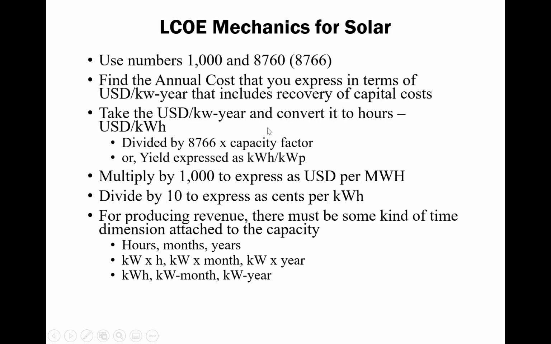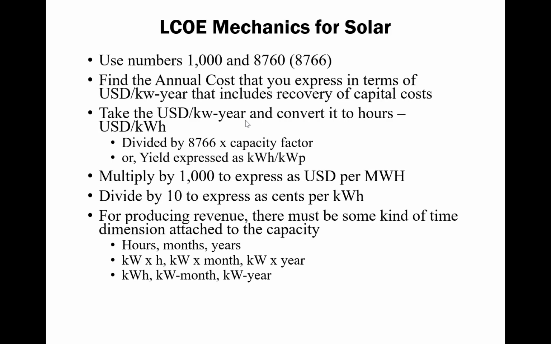Okay, and I have this example. If you want to compare a kilowatt year to a kilowatt hour, you take this kilowatt year and you divide it by 8766, and you get it per kilowatt hour. Okay, and actually, I was wrong, you don't just divide it by 8766, you divide it by 8766 times what percentage of the year you are operating at full capacity.